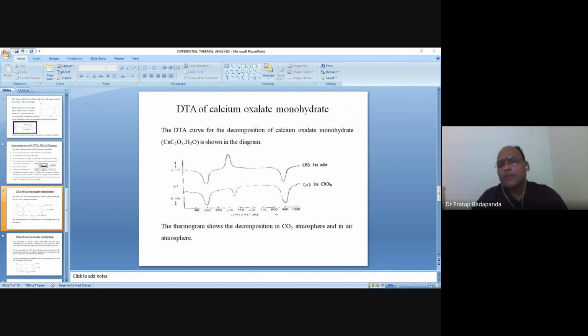And in the case of air, how do the peaks of this particular graph go? This thermogram shows the decomposition in a carbon dioxide atmosphere and in an air atmosphere, both the two things, one in carbon dioxide, the second in air. So let's study that.